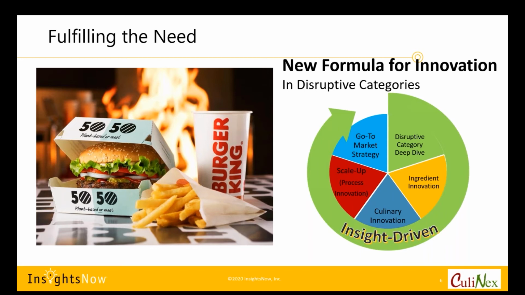Secondly, ingredient innovation. If you're looking to work in these disruptive categories, you have to have ingredient innovation. You have to have technology. So things like the Impossible Burger with a plant protein-based heme created a breakthrough product.